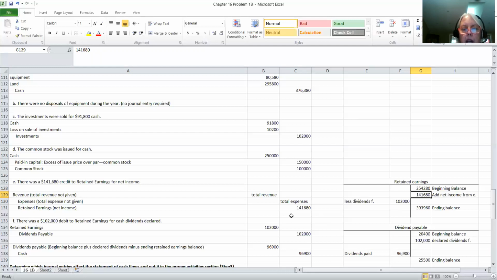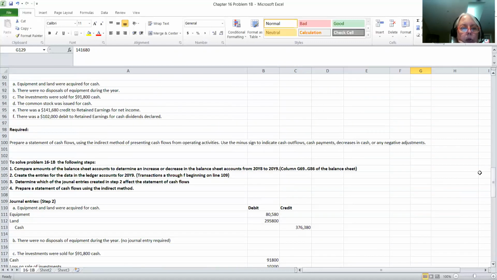If there had been a net loss, we would have deducted the net loss from the retained earnings, because net losses will decrease the amount of retained earnings. So what you needed to know here is that your retained earnings was increased by $141,680.